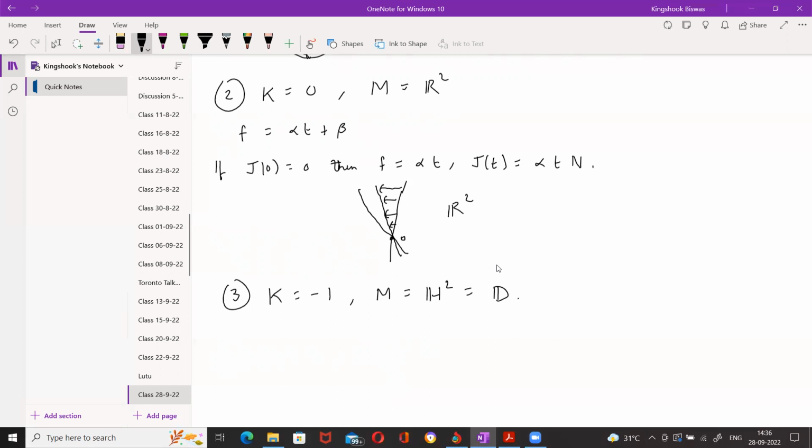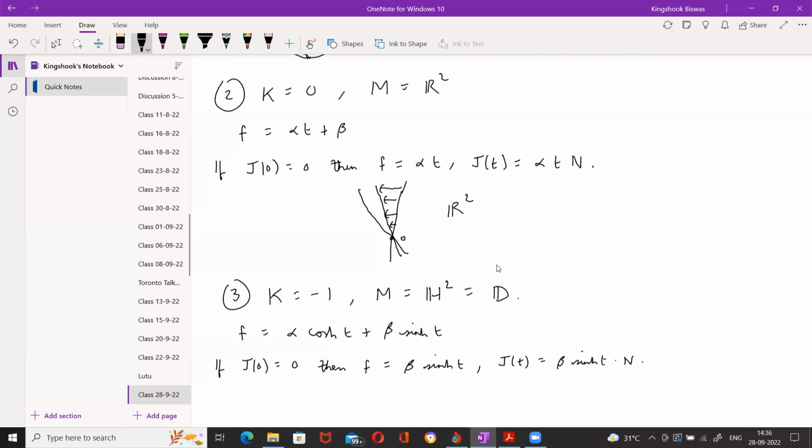Then F will be alpha cosh t plus beta sinh t. And if J0 is equal to 0, then F is equal to beta sinh t. And so Jt is beta sinh t into N.